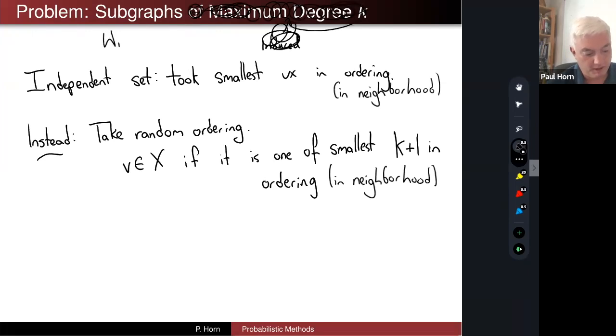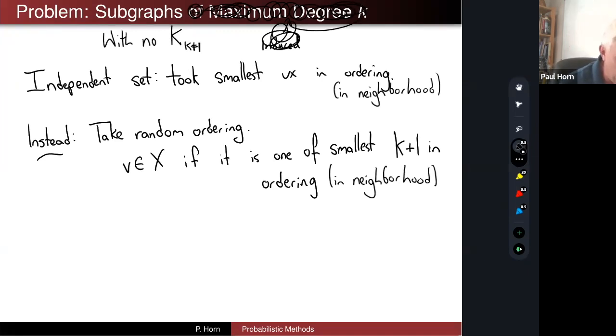So let me say subgraphs with no complete graph on K plus 1 vertices. Okay. So it's not maximum degree, it's actually degeneracy in some sense. But I want to think about subgraphs with no complete graph on K plus 1 vertices.